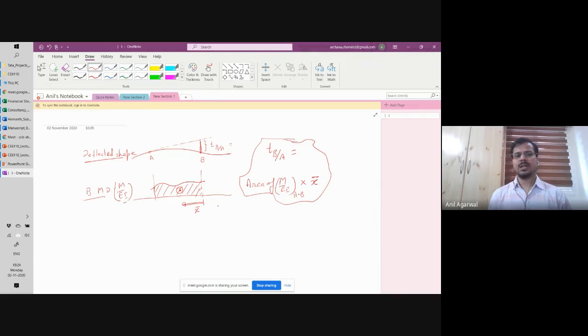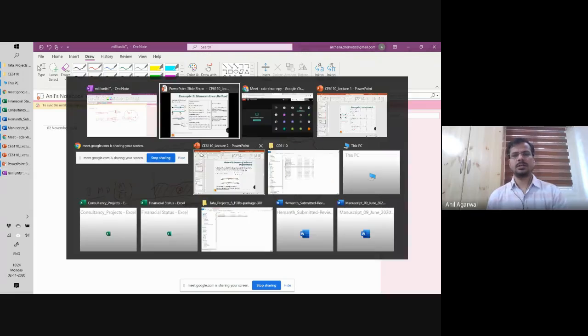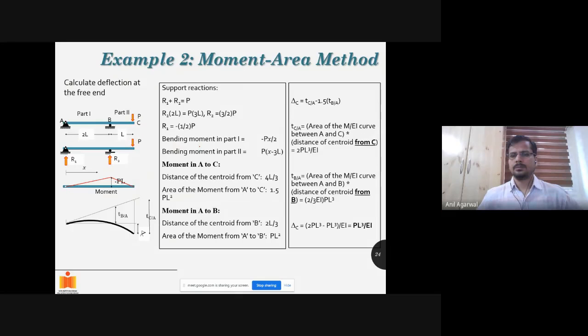Okay, so this x bar is basically measured from point B, and point B is the same point where we are measuring the deflection with respect to the tangent drawn at A.